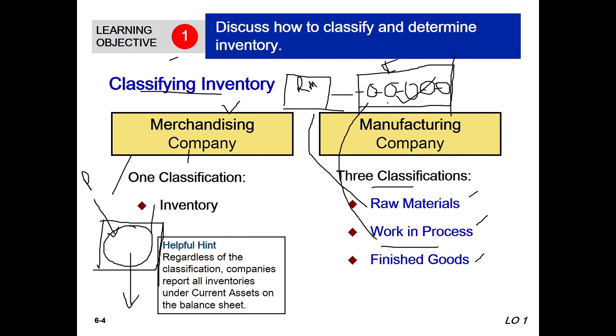So end of the year, we will see that some goods are in the machines. So we call this the work in process. And also we call this the semi finished goods.